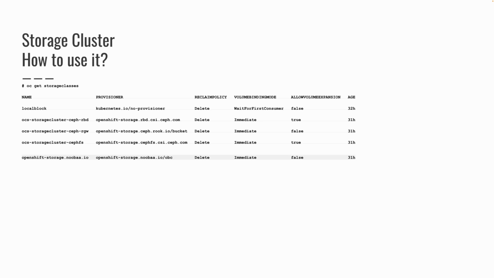The third one is for the object storage. And the fourth one is for the file system storage. So using these storage classes, you can create persistent volume claims of desired size, and then you can attach those persistent volume claims to your pods.